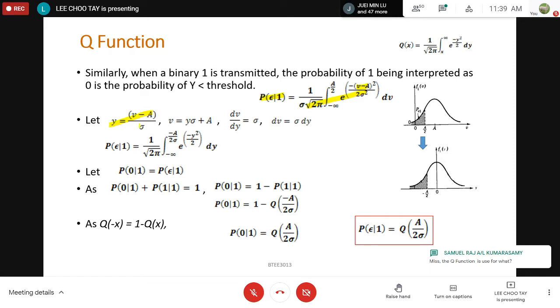If I rearrange, then v is equal to y sigma plus a, and dv over dy will give me sigma. This is a linear equation, isn't it? Therefore, rearranging, I get dv equals sigma dy.